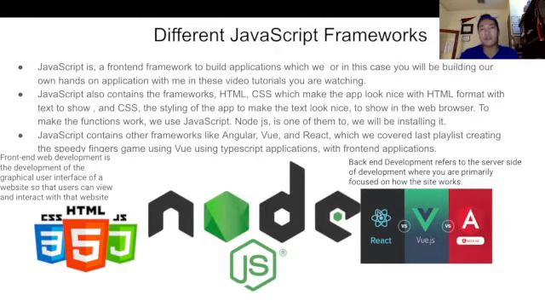Alright, so backend development refers to the server side of development where you primarily focus on how the site works. This is similar to front end, but the only difference about backend is these frameworks right here, React, Vue.js, and Angular. If you guys look at my Vue.js playlist where we did a Speedy Fingers game, that's an example of a backend framework because you know how we created the program to make it work, where you click on it and it'll make the green block appear and it'll generate the score.